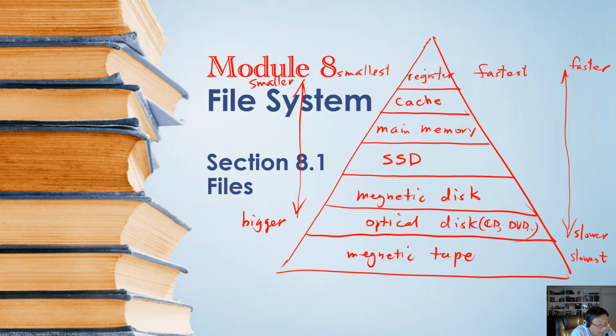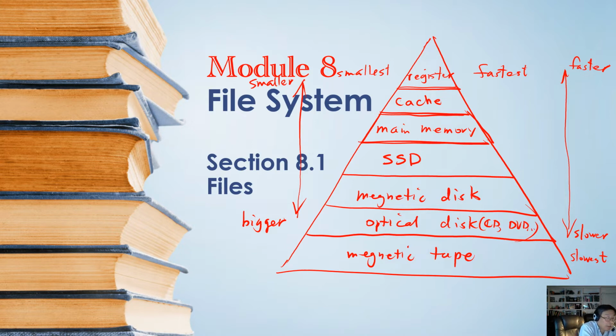So now we have talked about memory management. Memory management is the part of the operating system that manages the main memory. In the earlier modules, we talked about the process, how the operating system schedules the process, which process gets the CPU, and which process should be removed from the CPU.